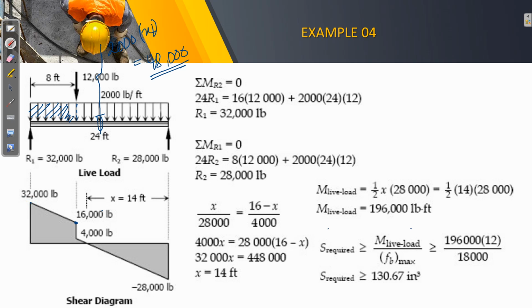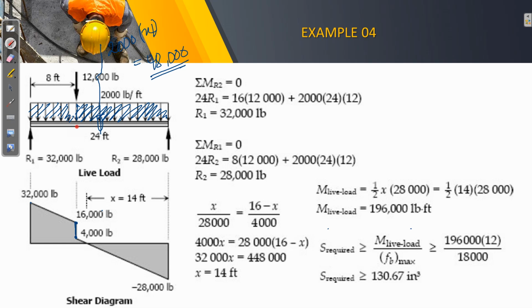Still, that is a positive one. We go 12,000 units downwards. So still, we have a positive 4,000. And then we deduct the remaining rectangle here. That is a downward, so that is minus 2,000.